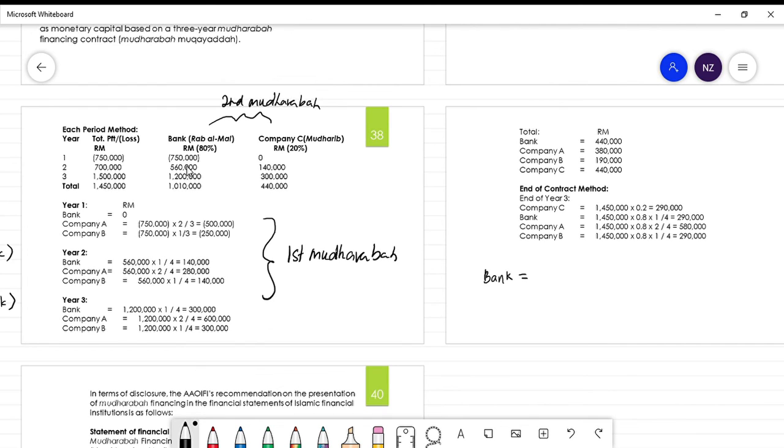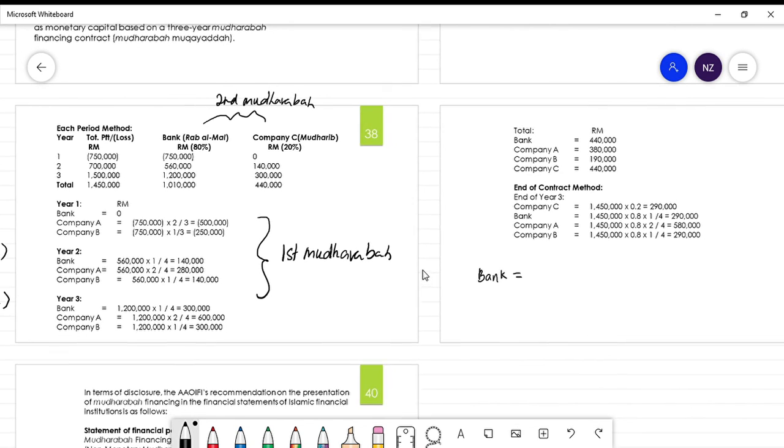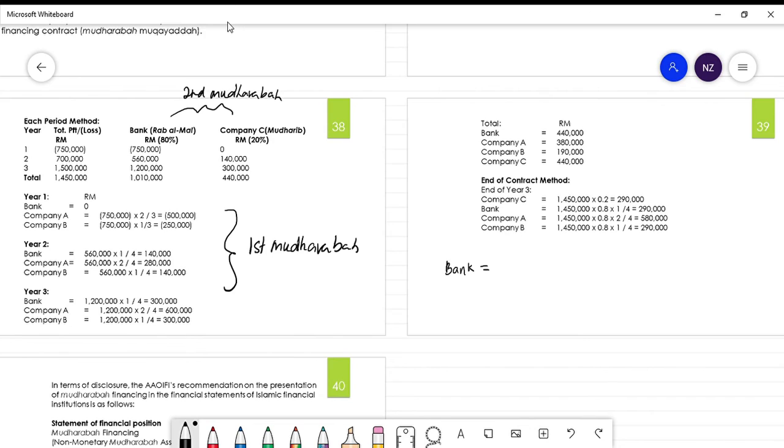This one is on the second mudharabah 560, tapi disebabkan 560 ni dia kena share dia punya profit with the CA and CB, jadi awak kena tengok berapa yang tinggal bank ni dapat. Okay. Ini first mudharabah, this is the second mudharabah, saya buat macam ni lah.